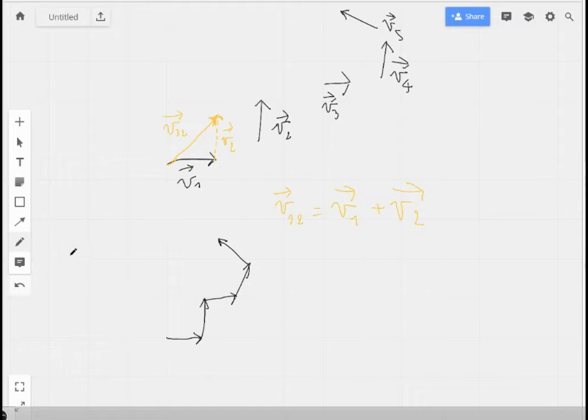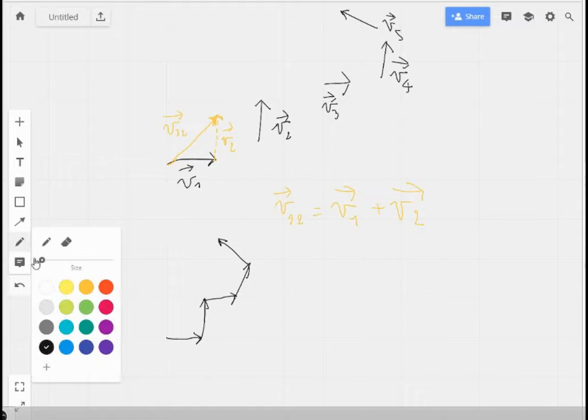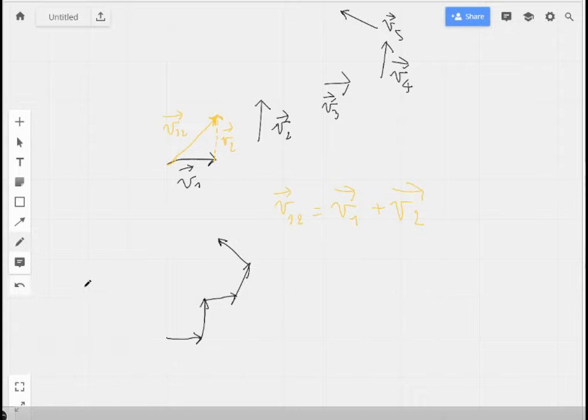So what you can do is to simply draw a line between the tail of the first vector and the head of the last vector, like this.